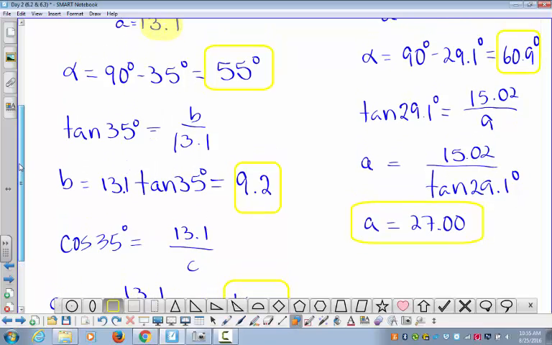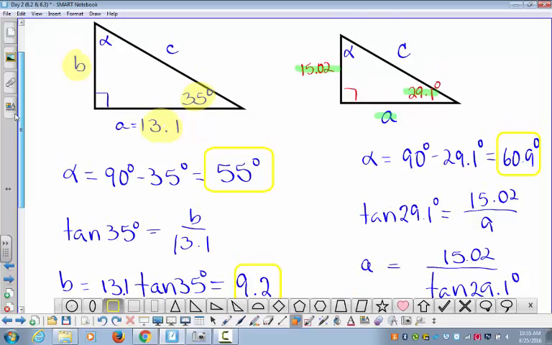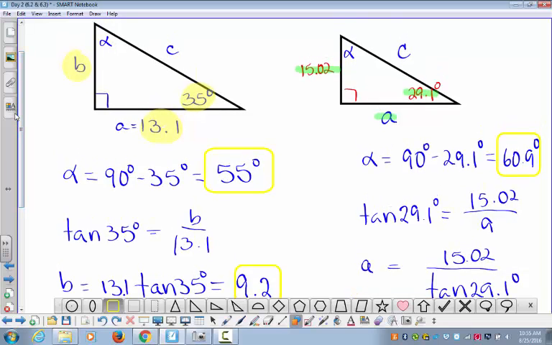And our last goal is to solve for C. And again, we just rounded that A, so we'll keep it off limits for now. We would rather use these two pieces of information. So from the perspective of this angle over here, 29.1, we're opposite over hypotenuse, and that is the sine function.